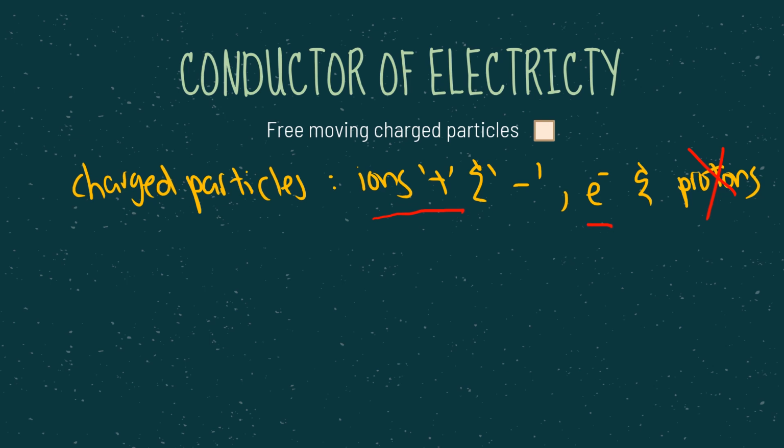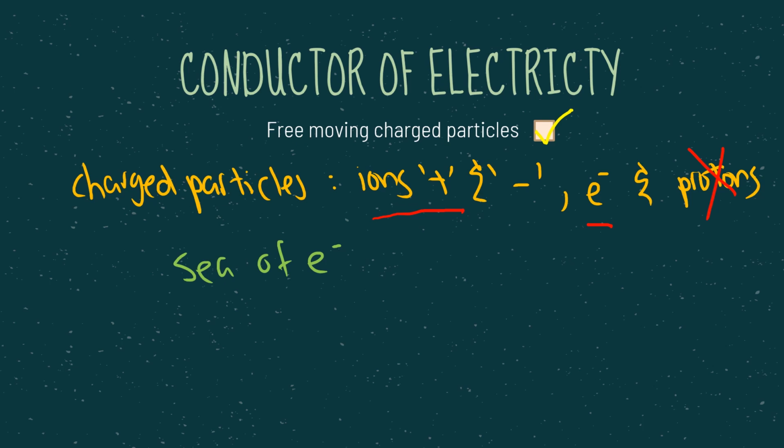In the case of a metal, the structure is filled with a sea of electrons. This sea of electrons means that the metal has free moving charged particles. So this means that they have the free moving charged particles that is necessary for them to conduct electricity.